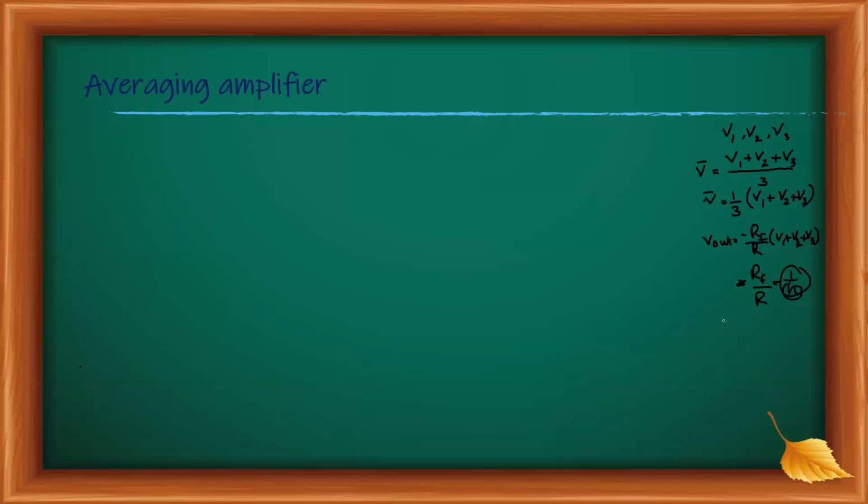Okay, then here we write RF by R is equal to 1 by n, or from that we can write R must be equal to n into RF.